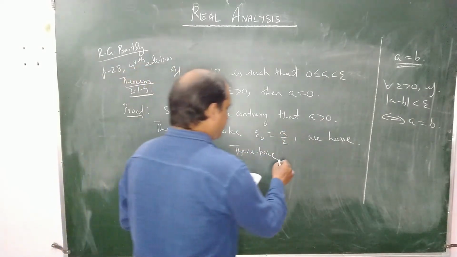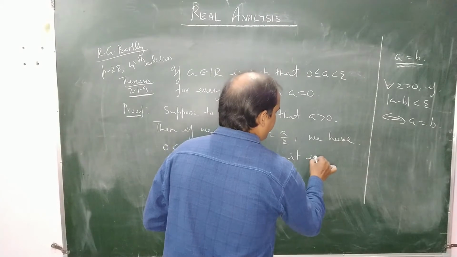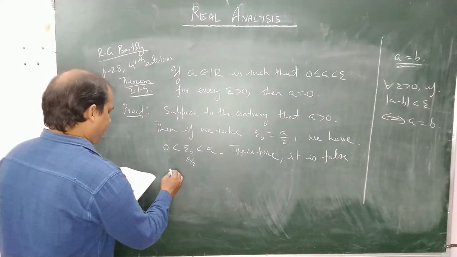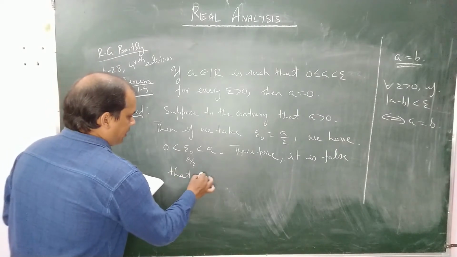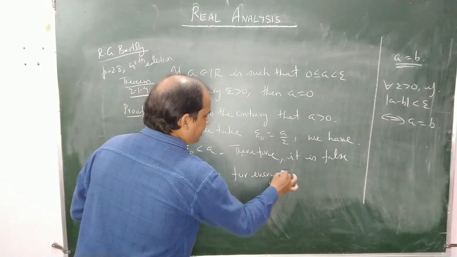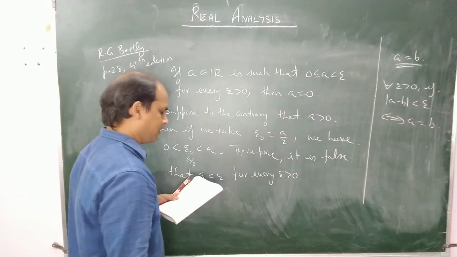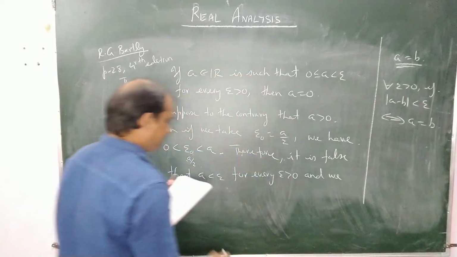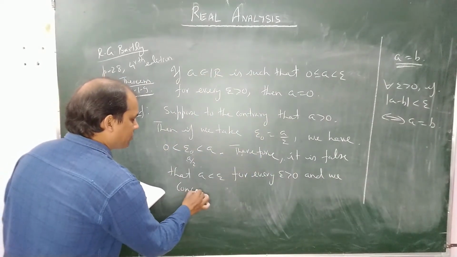Therefore it is false that a is less than epsilon for every epsilon greater than 0 when a is positive. And from here we conclude that a has to be 0.